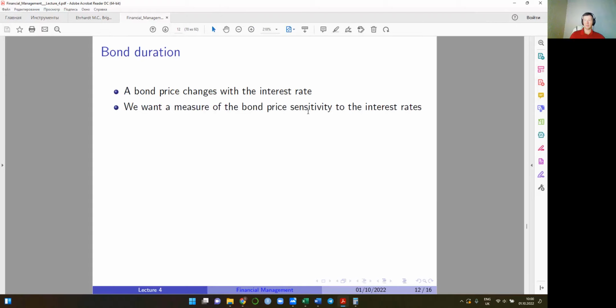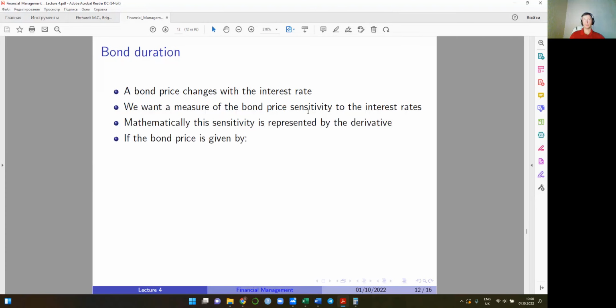So this sensitivity mathematically can be measured with the derivative. So basically we know that the bond price is given by the following expression, so we calculate the bond price using this formula.